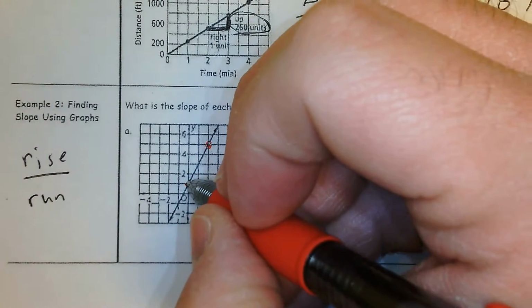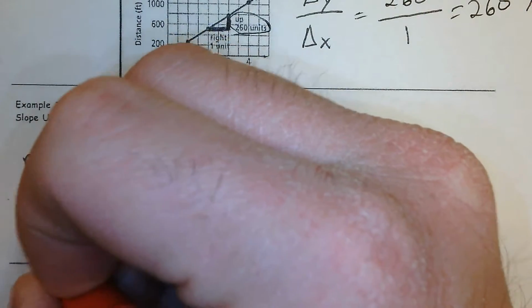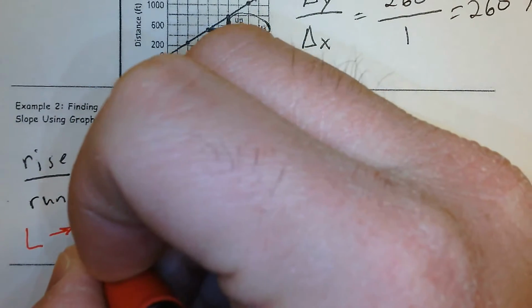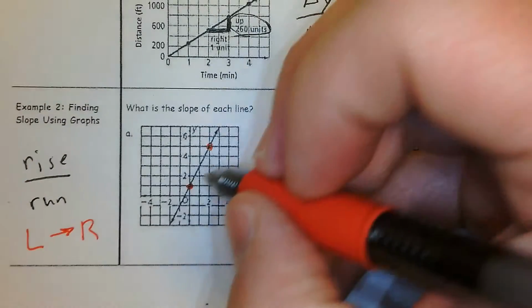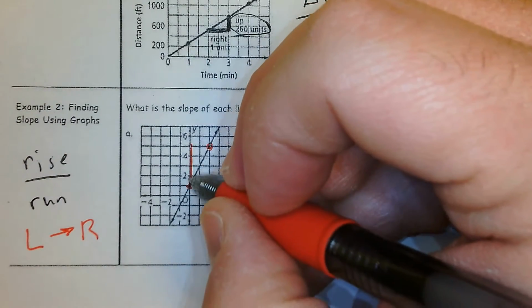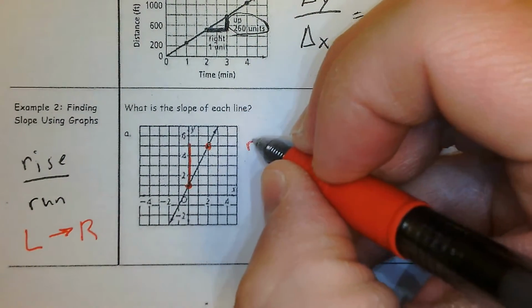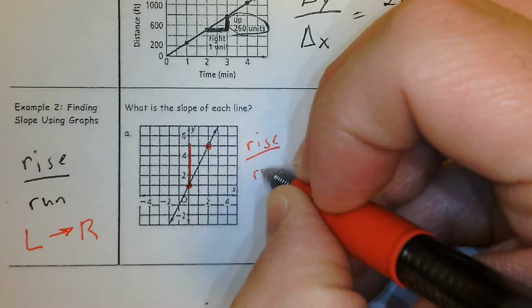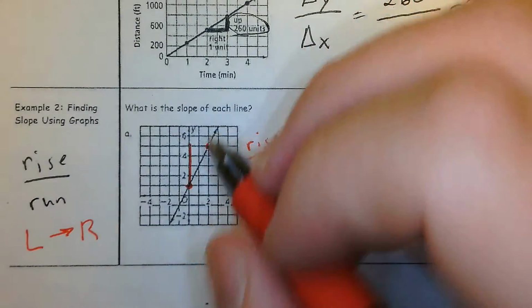So now going from this point to this point, we always want to go from left to right. We never want to go from right to left. Always go from left to right like you're reading a book. And it's how far I go up. So I go up 1, 2, 3, 4 times. So my rise would be positive 4 because I go up.